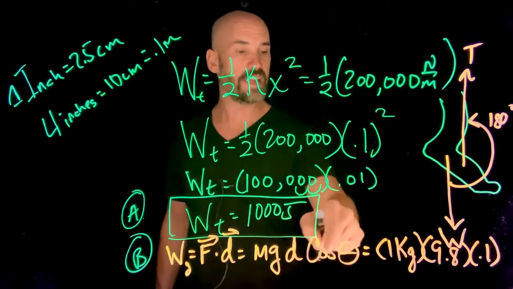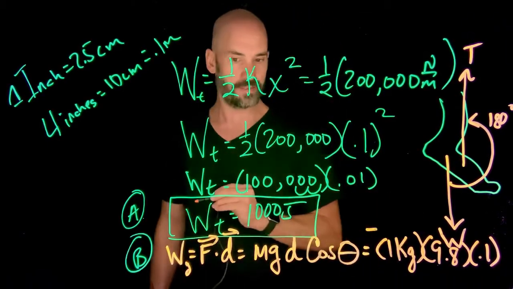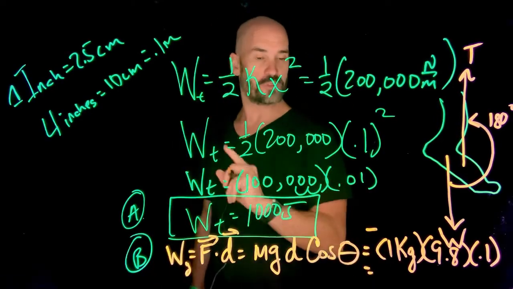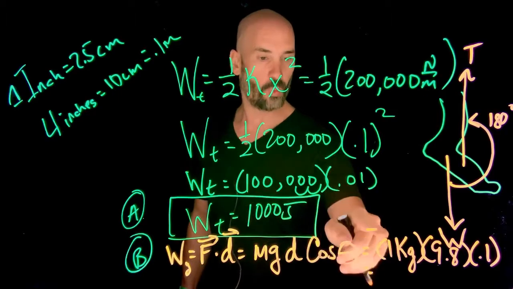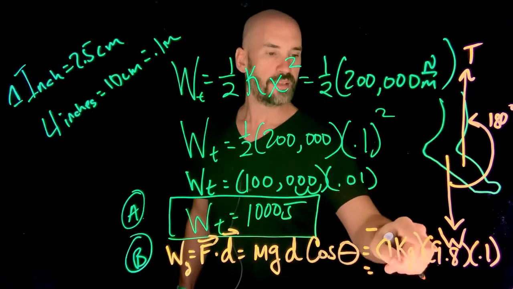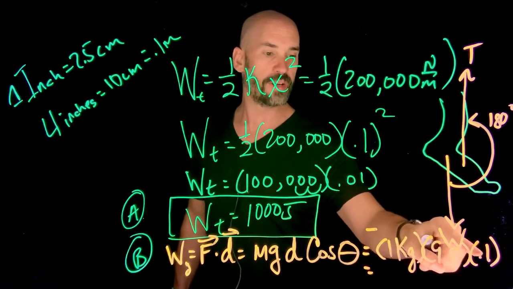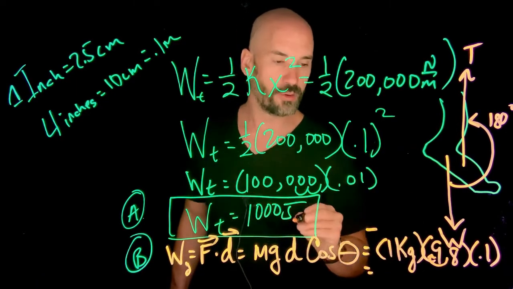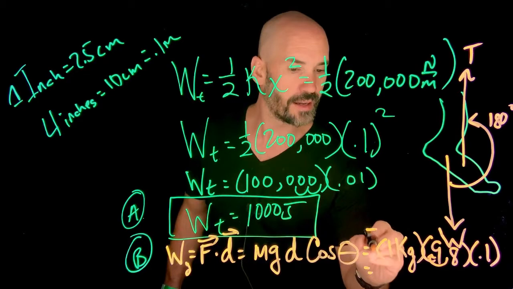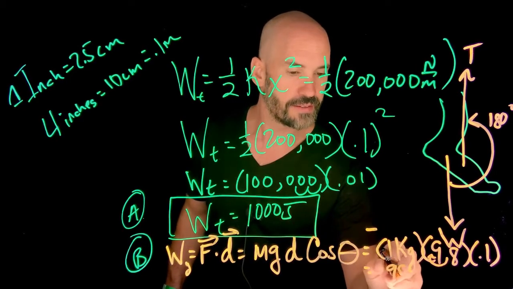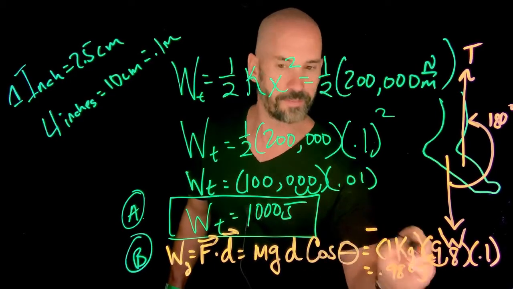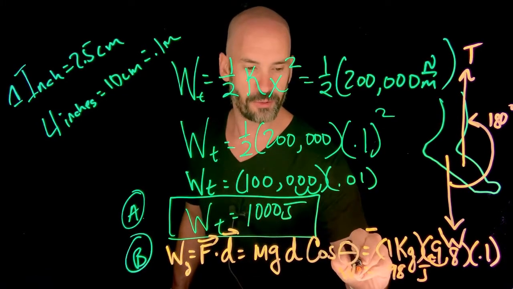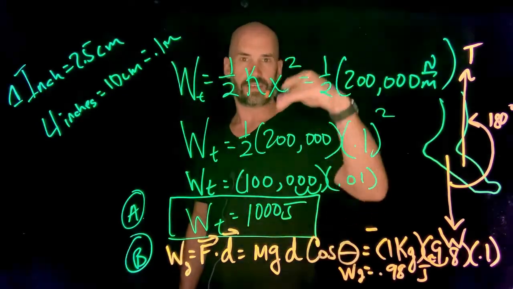Times cosine of 180, which makes this all negative, okay? So I'm going to, again, attempt to do this without a calculator, right? 1 is just 1. Multiplying 9.8 times 0.1 just moves the decimal place over a little bit, right? And so I get 0.98 joules there, okay?